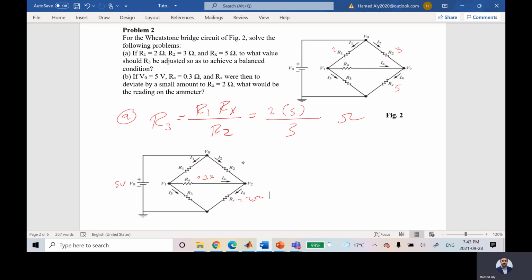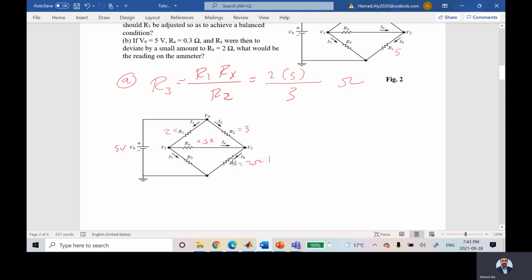What about R2? It doesn't change. What about R1? It doesn't change. So he's asking, what would be the reading of the ammeter? Right now, this guy is changed to 2, and this guy is 0.3.